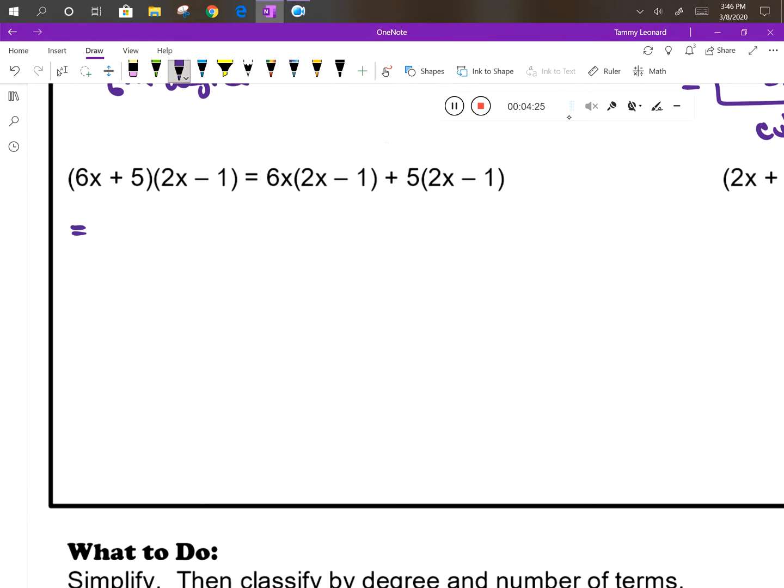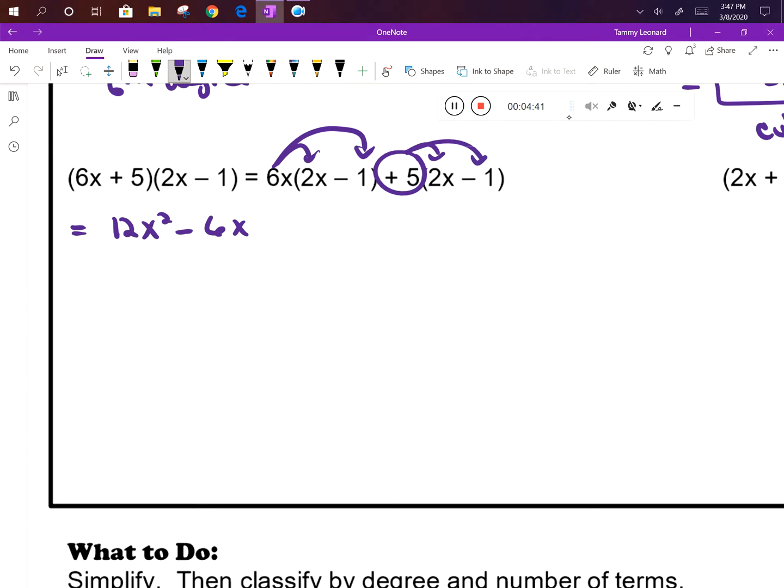So when I do that, 6x times 2x is going to be 12x squared. 6x times -1 is going to be -6x. Now I've used up all those parentheses. It's time to go on to the next distribution. Positive 5 times 2x is plus 10x, and positive 5 times -1 is minus 5.